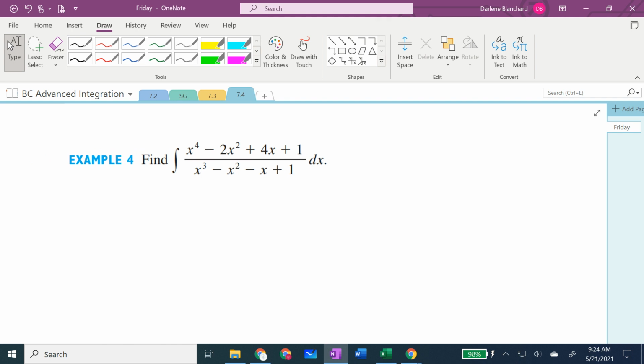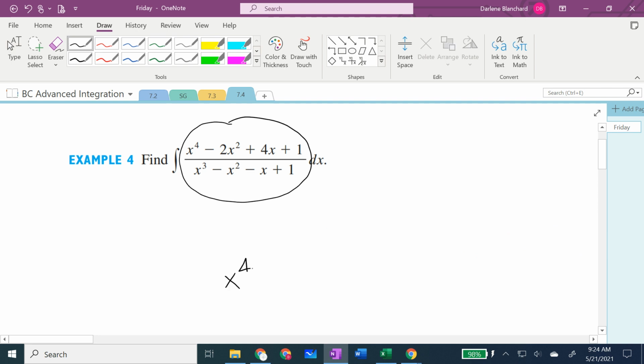The first thing that we had to do was divide these two polynomials. And actually, since I did it the one way, let me do it the long division way this time. So x to the 4th minus 2x squared plus, I need to do division, but I'm just breaking this down.